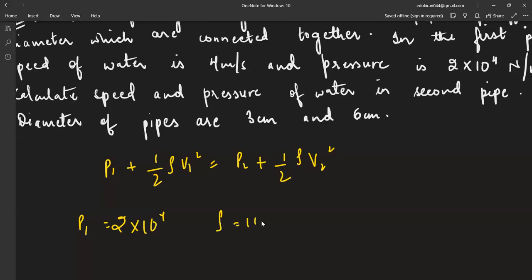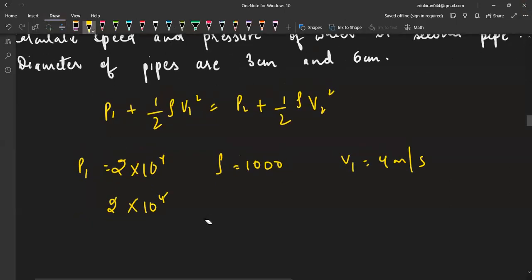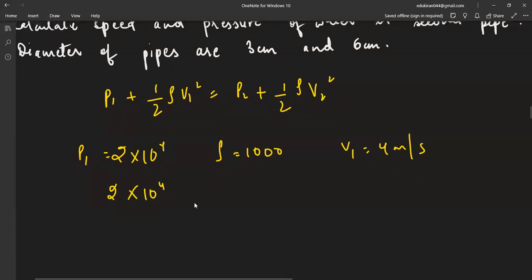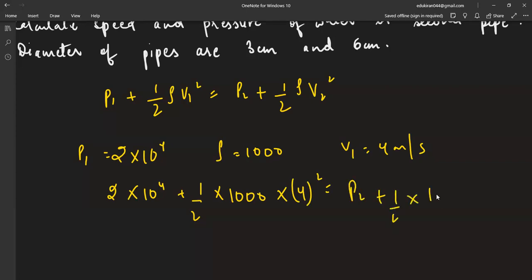Rho is given as 1000. Velocity is given as 4 meter per second. So P1 plus half into 1000 into V1 square, that is 4 square, is equal to P2, we do not know, plus half into 1000 into V2 square, we don't know the velocity.